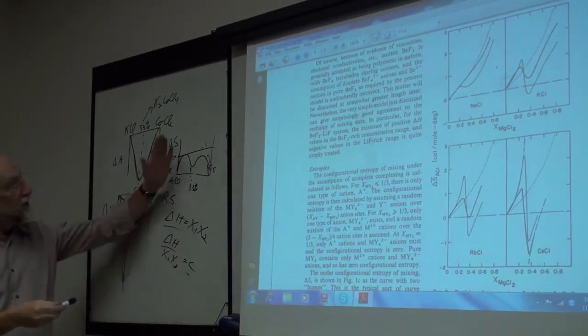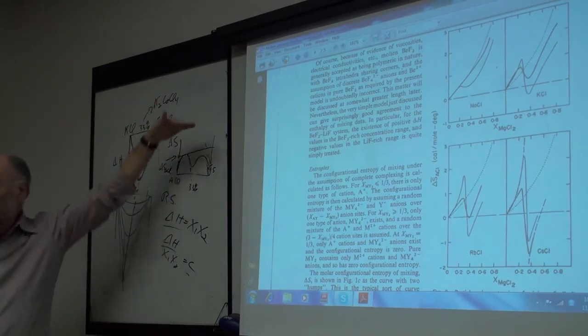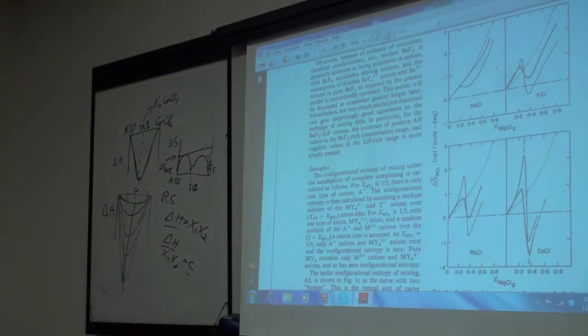So you imagine this tangent rotating around here. This point here goes up, and then it comes back down, goes up again. So you see that's what happens with the cesium. The partial entropy of ACl goes up, then comes way back down, and then back up again. With rubidium, it's less pronounced. Potassium, sodium, lithium, it's hardly there.